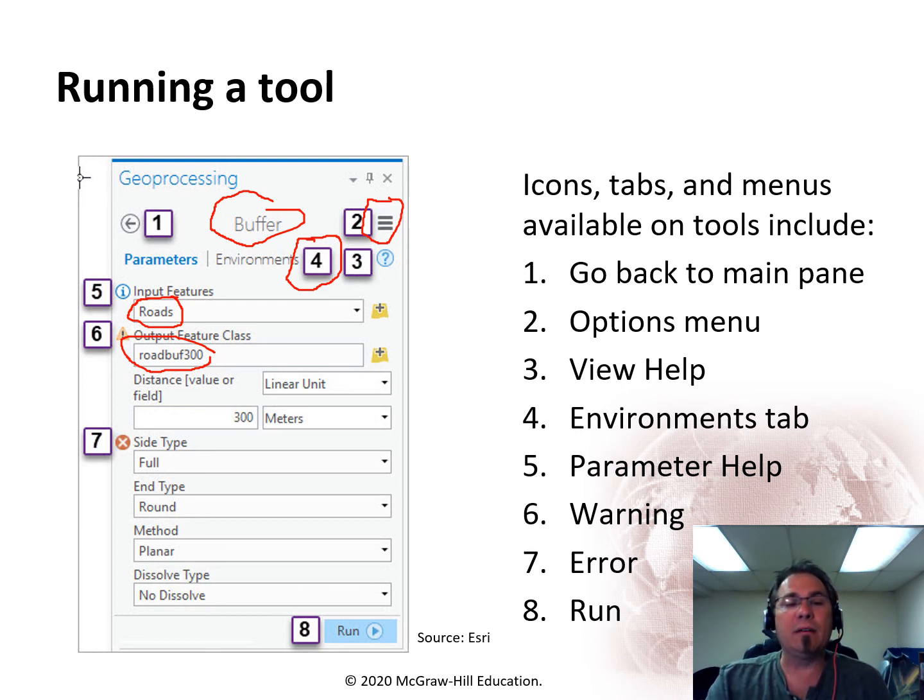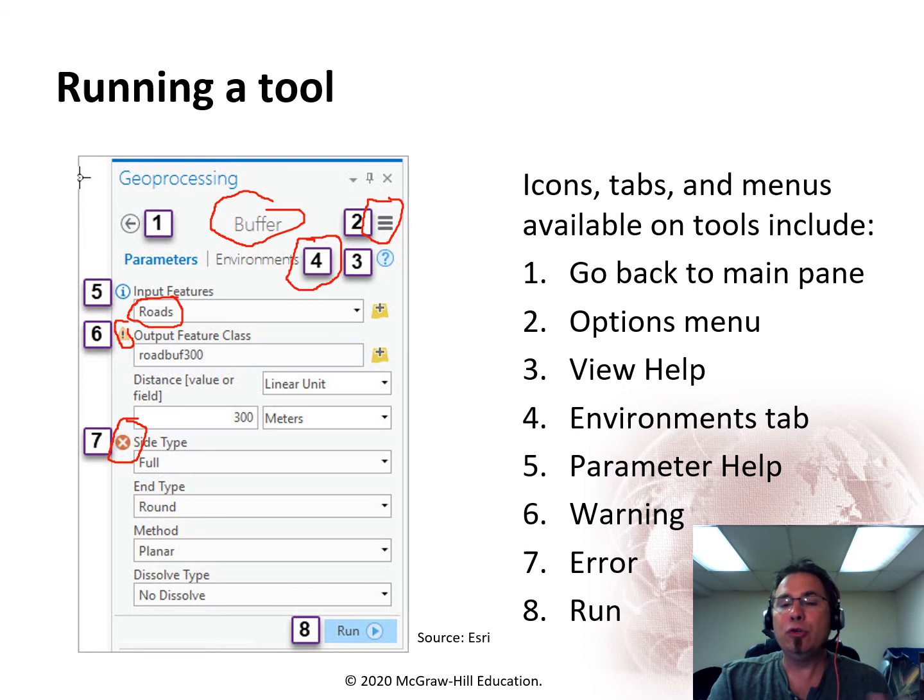Now, if you see this little X here, that's telling you there's something seriously wrong. That's an error, and it won't actually run with that X there. Okay. This particular little icon here is a warning.